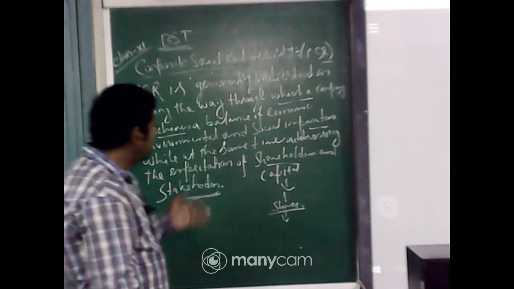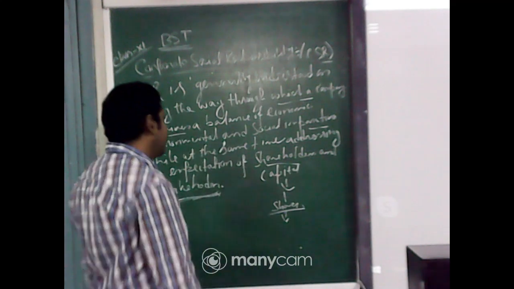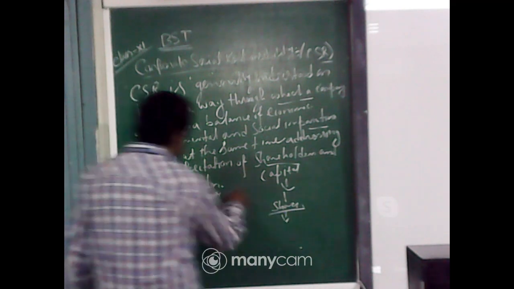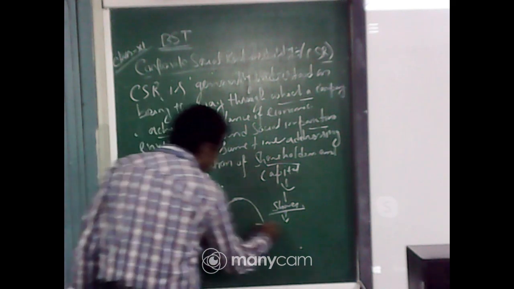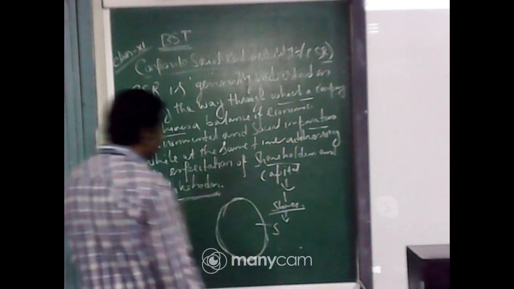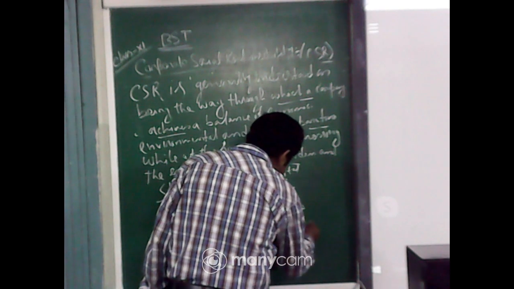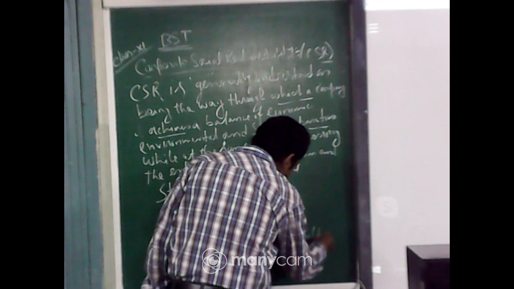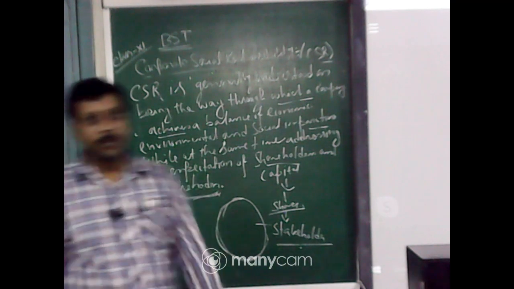Now what is the basic difference between shareholder and stakeholder? The shareholder also comes under stakeholder. Stakeholder is a broad view; all who are related to a particular business entity are called stakeholders. Even your employee is a stakeholder of your business.